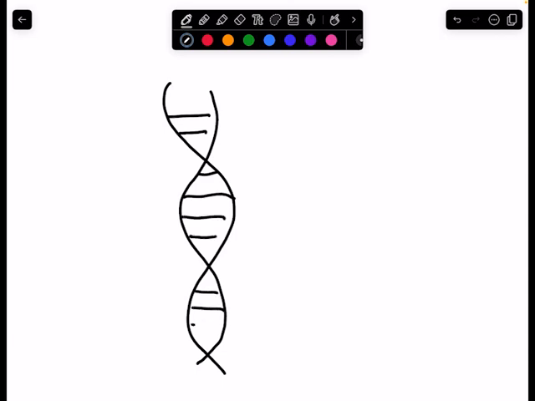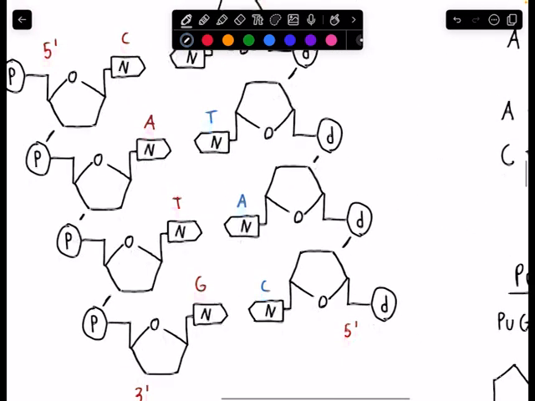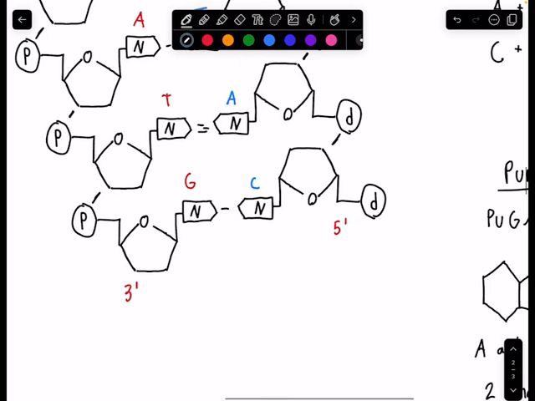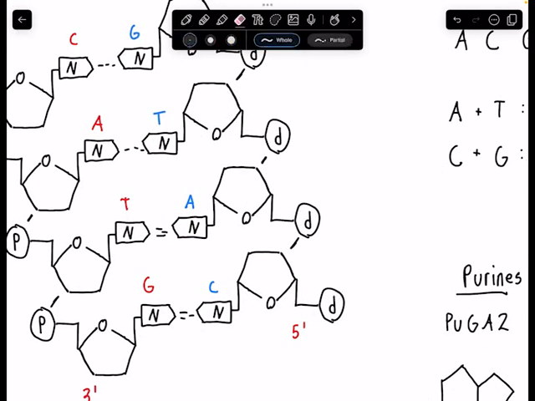Jurassic Park, all that good stuff. You see this ladder. So where does this ladder come from? It actually comes from hydrogen bonding between the nitrogenous bases. Those are pretty bad drawings, but the point still stands. Those are just hydrogen bonds there.